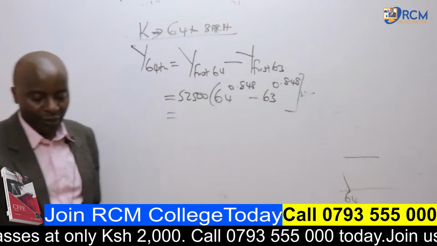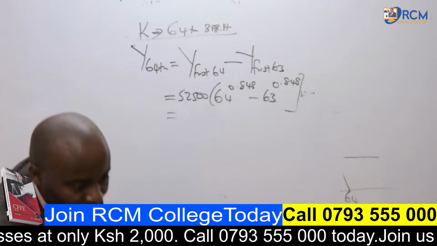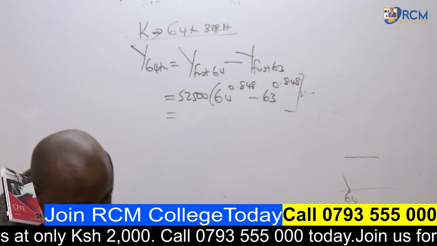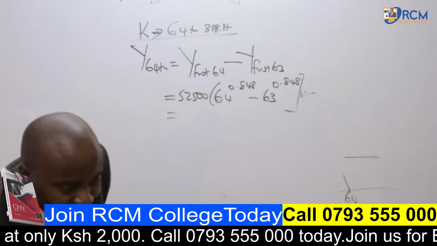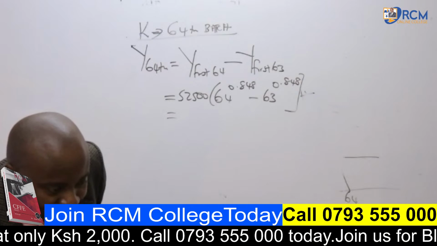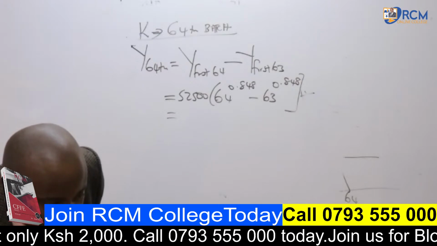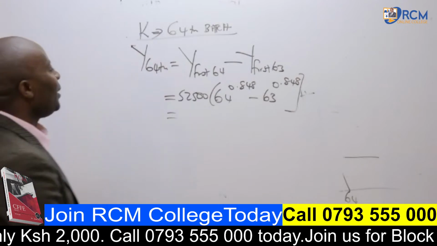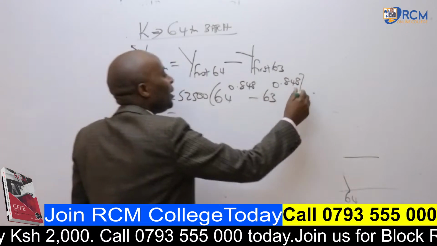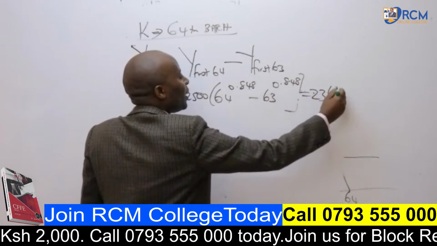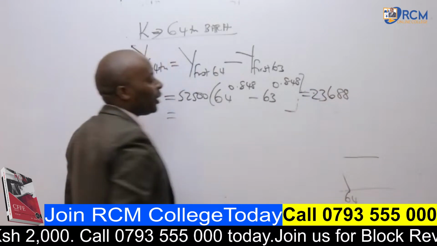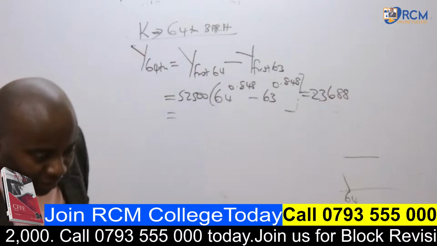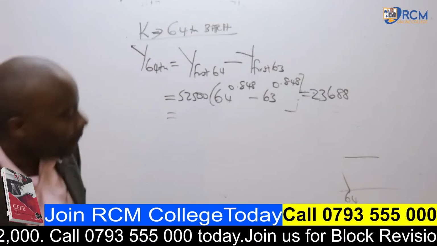So please give us this figure. Peter, my friend, is giving us 23,688. At least now Peter is representing the boy child. 23,688.32.